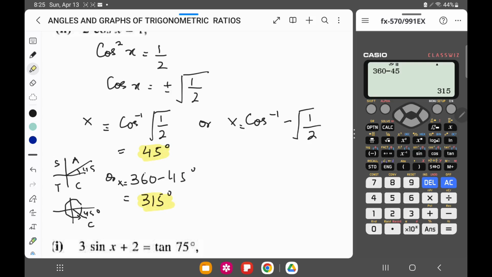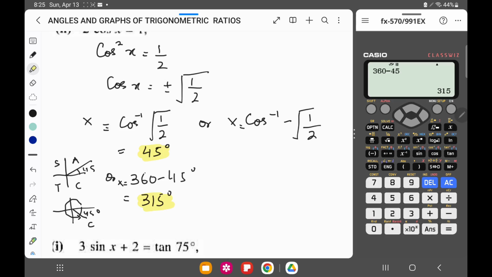Now whenever it is negative also we are going to find out. So for negative 1, as you know, the basic angle is 45.